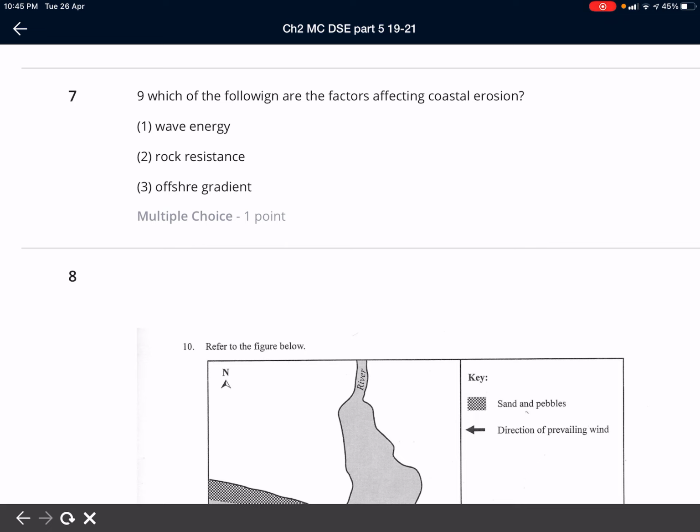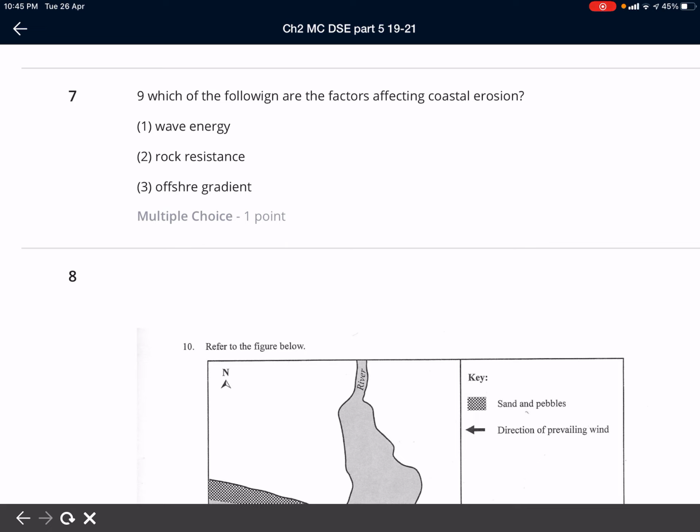The tuff forms a very steep landscape in the area of East Dam of the High Island Reservoir, and so on. How about the offshore gradient? It also affects the erosion and the wave energy, overcoming the friction with the seabed. So all of them are correct.